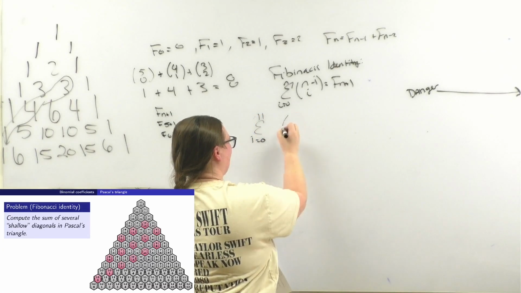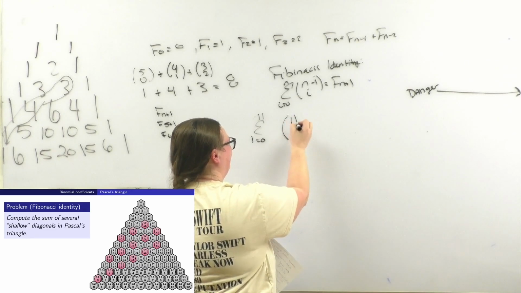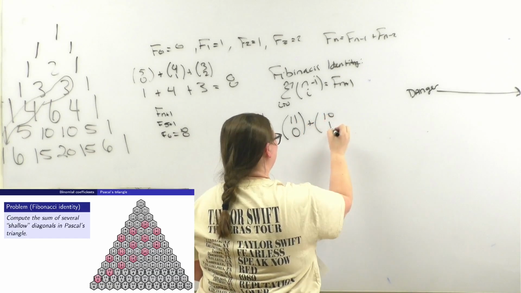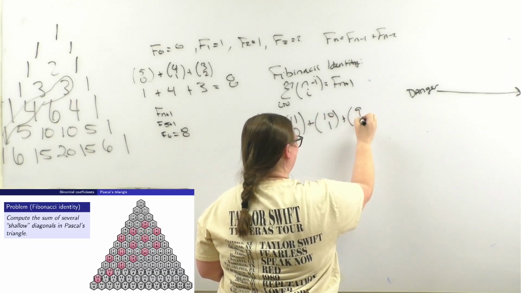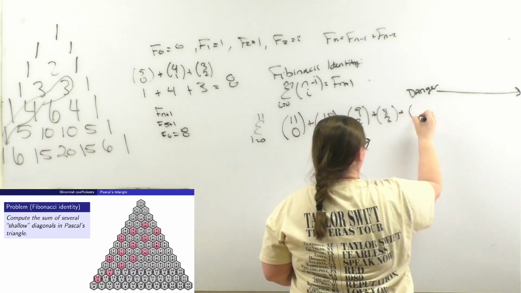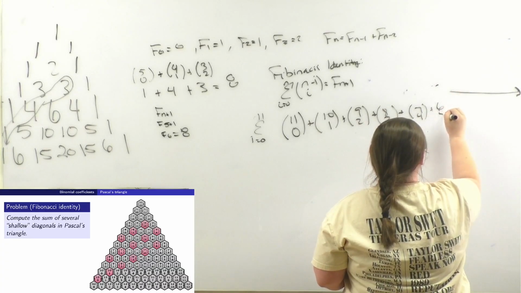What's the first one? 1. Then 11 choose 0. Then 10 choose 1. 9 choose 2. 8 choose 3. 7 choose 4. 6 choose 5.